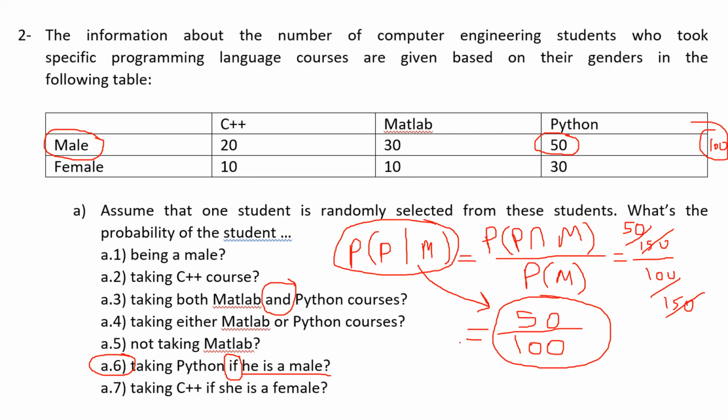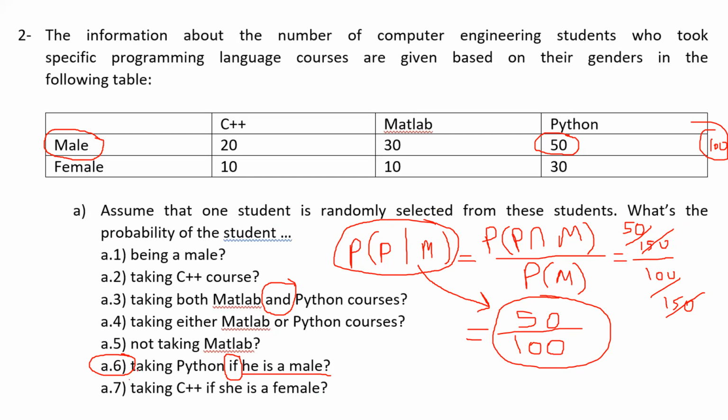And this is a faster way to solve it. But if you want to always use the number of all the possibilities, so we have 150, the size of your sample space is 150, then you can use the formula always and it works. But if you see it right away from the table, you don't need to use the formula for that.